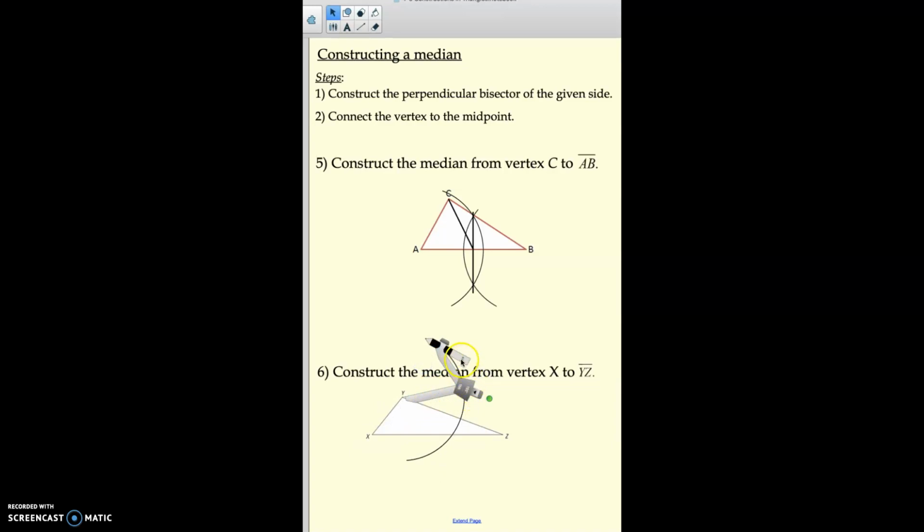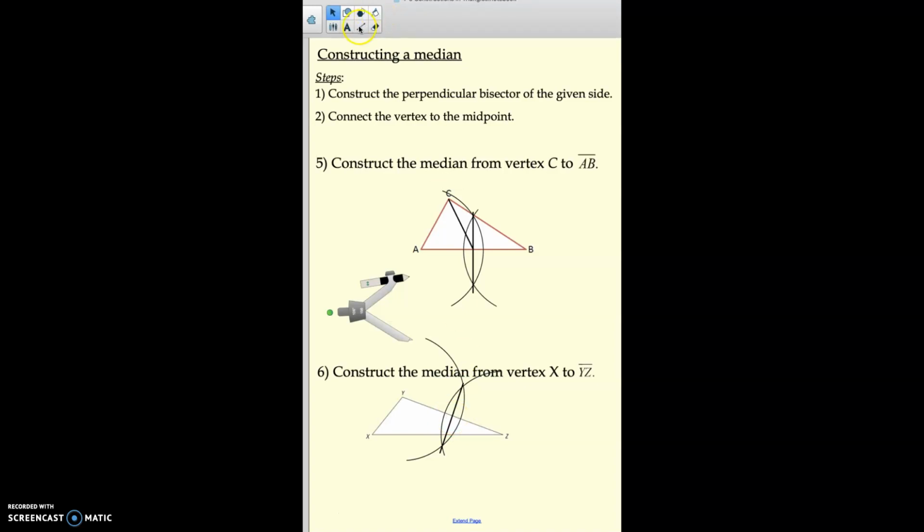And again, we're going to draw a nice big arc. Okay, and then we are going to flip that over and put the fixed point on Z, and we will draw our second arc. There we go. And again, if I connect this point to this point now, this point right here is the midpoint of YZ.